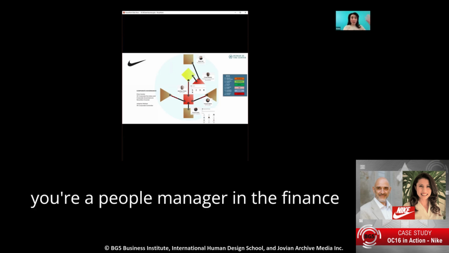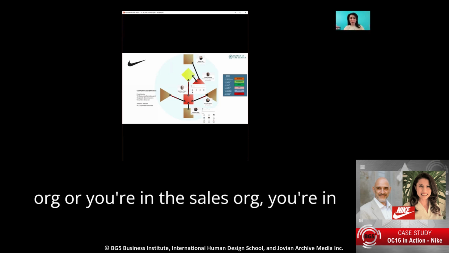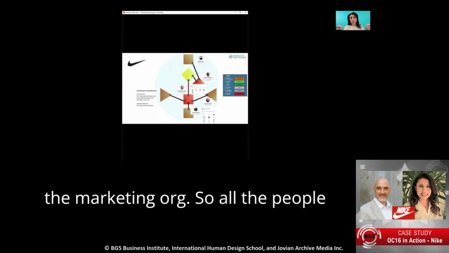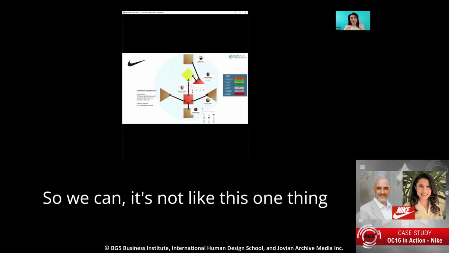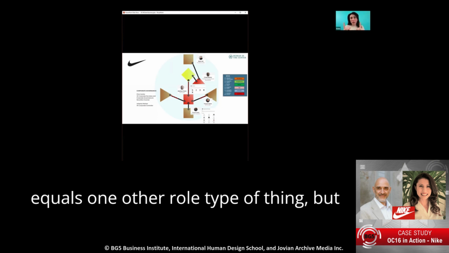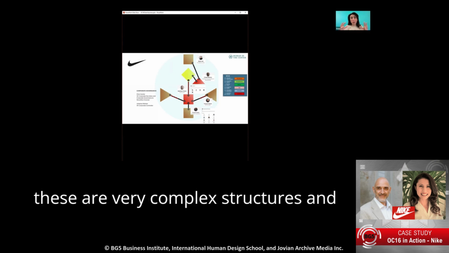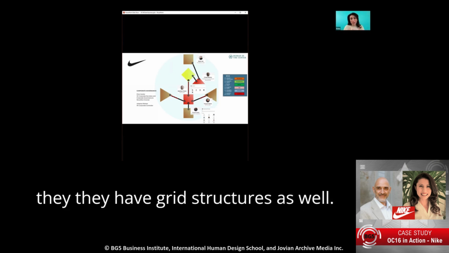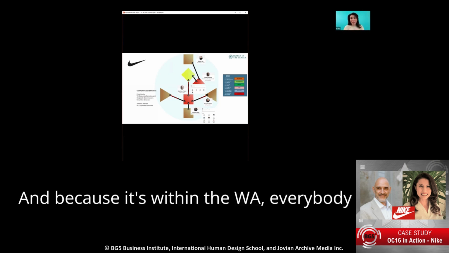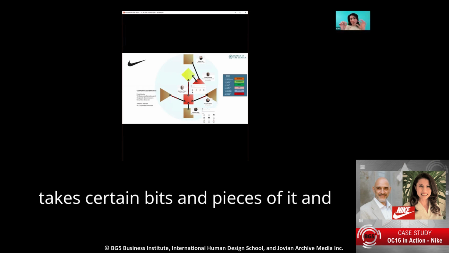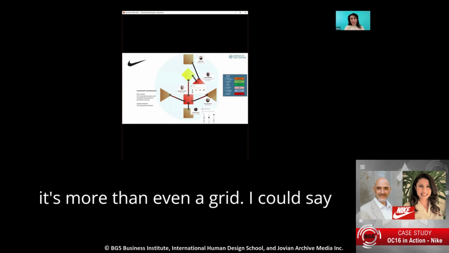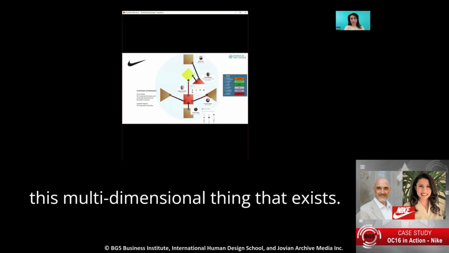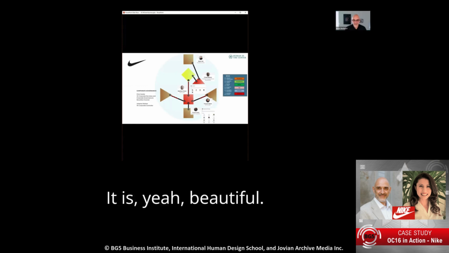Even if you're a people manager in the finance org, or the sales org, or the marketing org, all the people managers embody the interaction somehow. So it's not like this one thing equals one other role, but these are very complex structures, and they have grid structures as well. And because it's within the WA, everybody takes certain bits and pieces of it, and it becomes live. Yeah. So it's more than even a grid, I could say, a multi-dimensional thing that exists. It is. Yeah. It is.